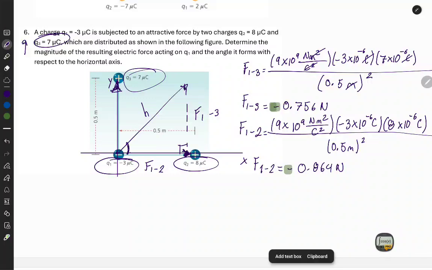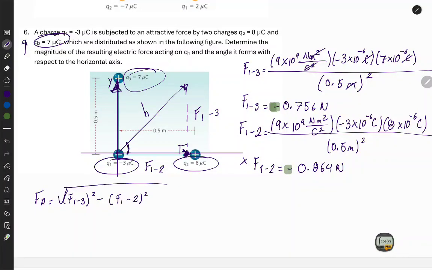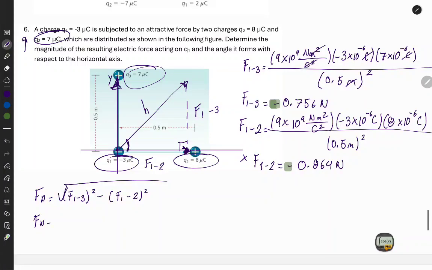To calculate the hypotenuse, or the net force, you need to use the Pythagorean theorem. The net force is equal to the square root of F13 squared plus F12 squared, so 0.756 without the signs, and 0.864 newtons.